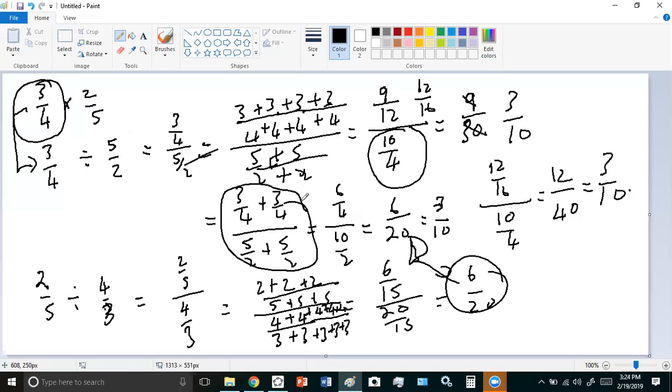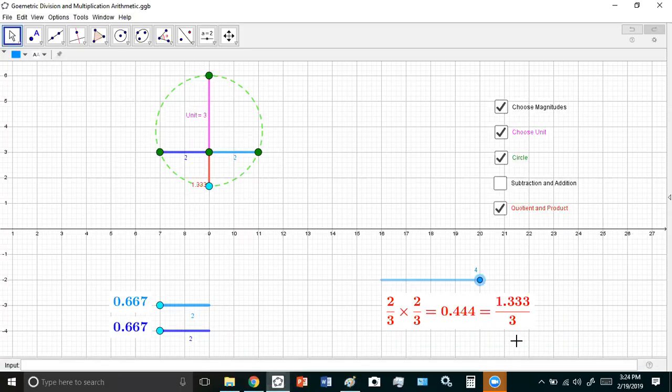Okay? I'm sorry about those few mistakes I made, but I did correct them. Now, this is basically how we do all these operations that you see here without looking at the geometry. But we're still using similar triangles, right?